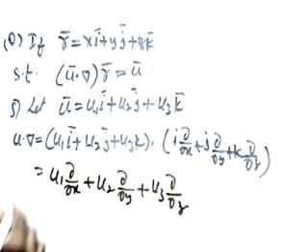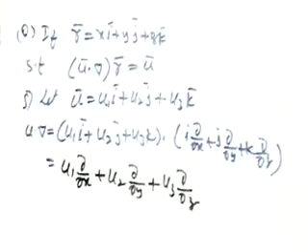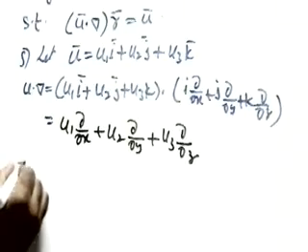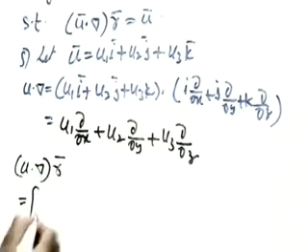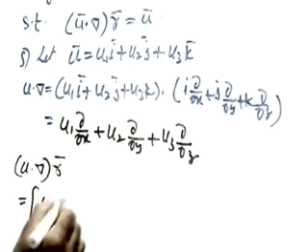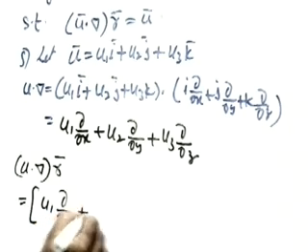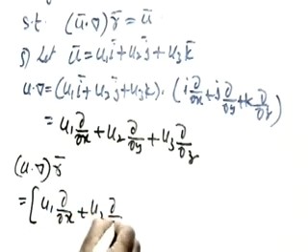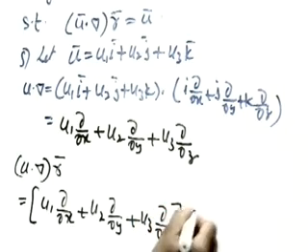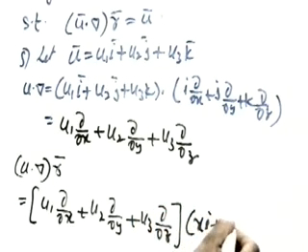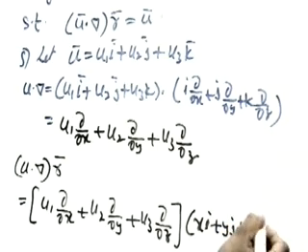So we got this now. Now what is the next step? We have to multiply this with r. So u dot del into r vector equals, we got this one, u1 dou by dou x plus u2 dou by dou y plus u3 dou by dou z into r vector, which is xi plus yj plus zk.